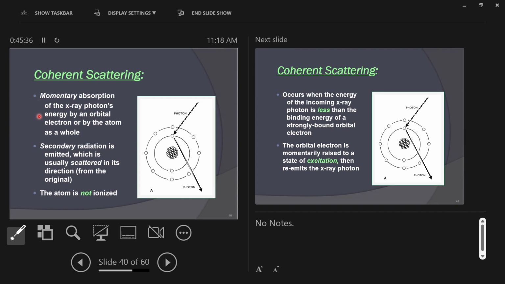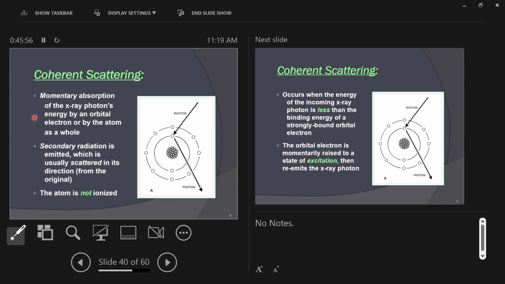So momentary absorption of the X-ray photon by an orbital electron or by the atom. This is your choice. They go by different names, the Thomson and Rayleigh interaction. The two names are given because one deals with interaction of the electron and a photon, one deals with the interaction of the atom as a whole and a photon. They're effectively the same thing.